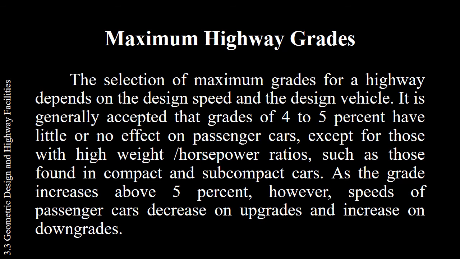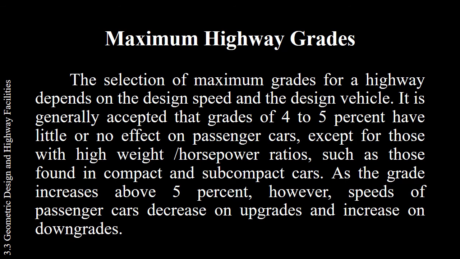Maximum highway grades. Again, grade is the slope. The selection of maximum grades for a highway depends on the design speed and the design vehicle. It is generally accepted that grades of 4 to 5% have little or no effect on passenger cars, except for those with high weight-horsepower ratios such as those found in compact and subcompact cars.